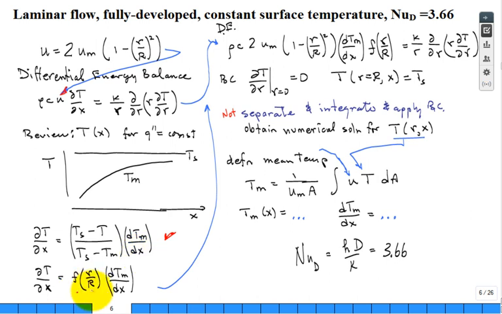So I'm really looking for this function of r times dT_m/dx, the change in the mean temperature with respect to x. I wouldn't call it a trick, but it's an insight that an analyst has in order to solve the problem.